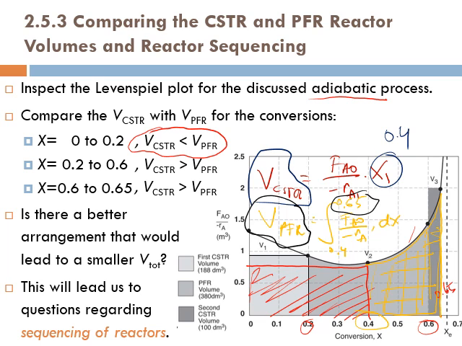Okay, great. So this will lead us to questions regarding sequencing of reactors. Which reactor should go first, then which? Which type of reactor? And of course, if they're choosing the reactor, the question will be what its volume should be.